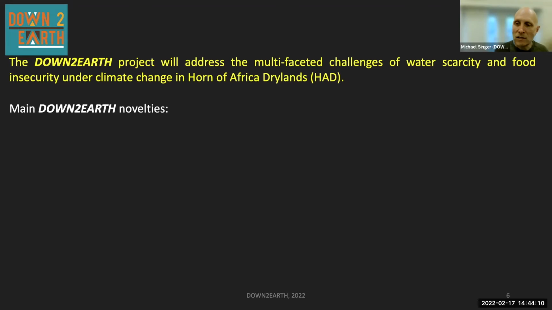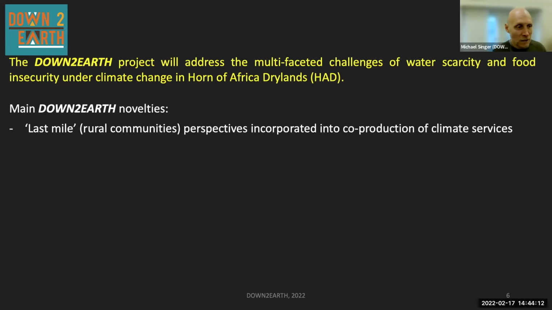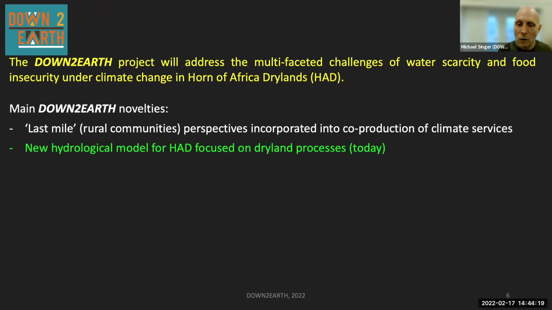And the main novelties of this project are a focus on last mile or rural communities and their perspectives that get incorporated into the co-production of climate services, a new hydrological model for the Horn of Africa drylands that's focused on dryland processes, and we'll talk about that today.